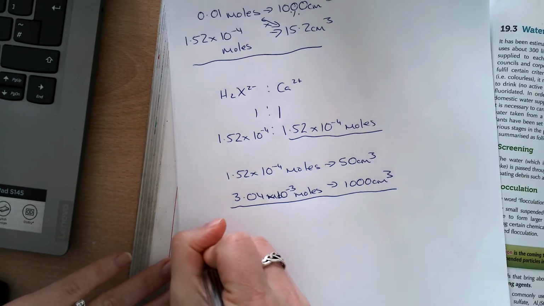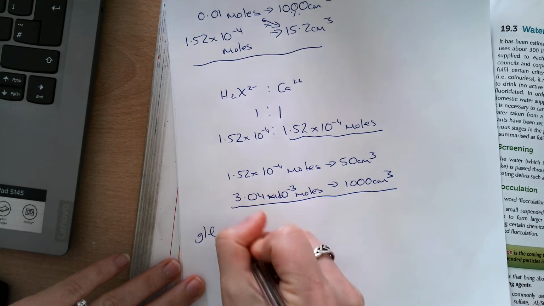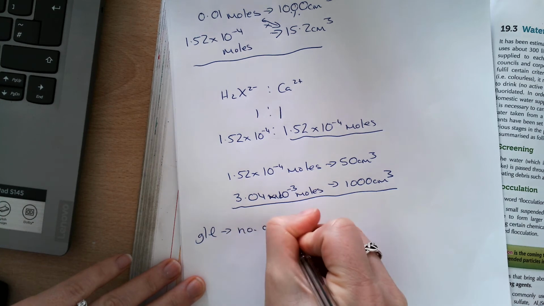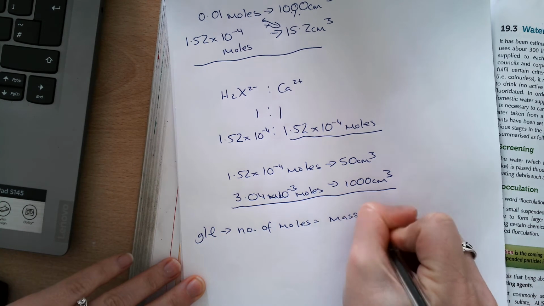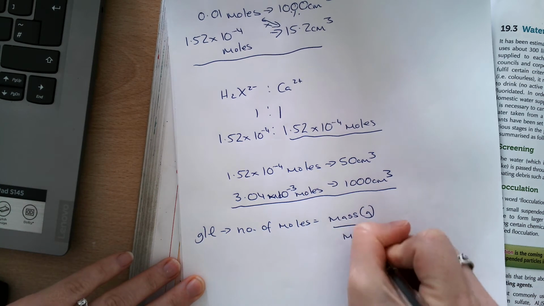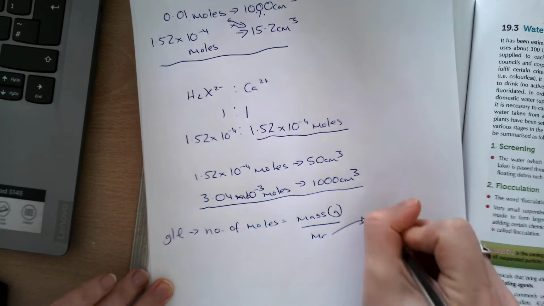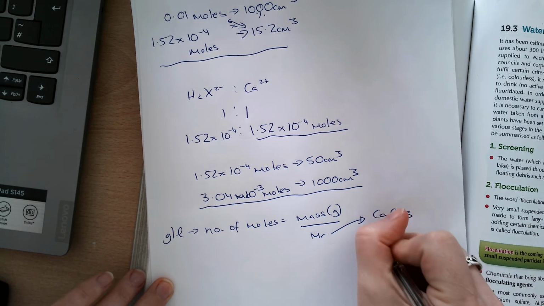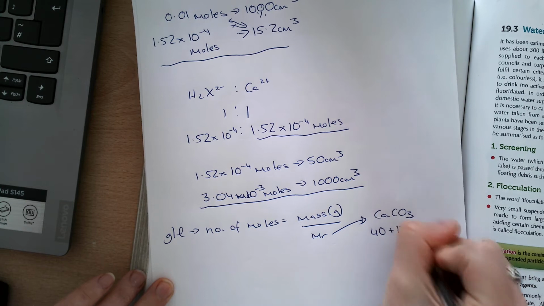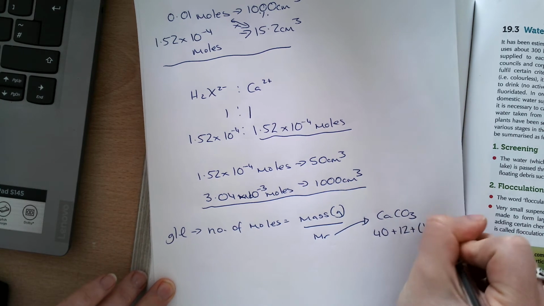And next then I'm going to find out my grams per litre. So I use my number of moles formula, equals mass in grams divided by my relative molecular mass. And hardness in water is always expressed in terms of calcium carbonate, always. You would be told that in the question. Obviously we're not told here, okay?